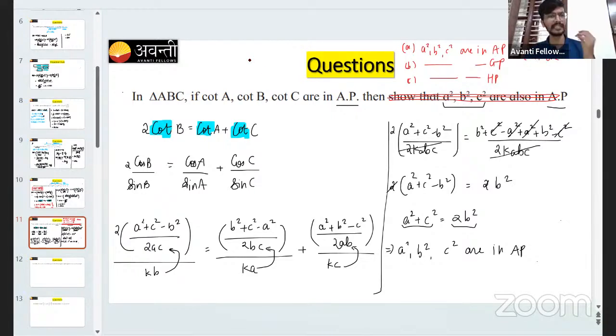So these types of questions can easily be asked in MCQ. You can check previous year papers. So these will be the options. Got it? Let's move on to the next one.